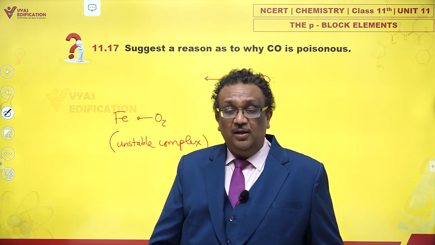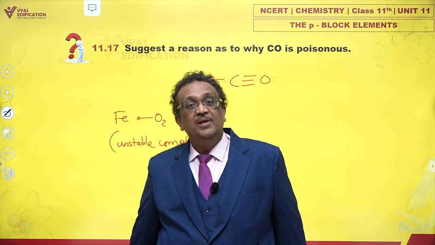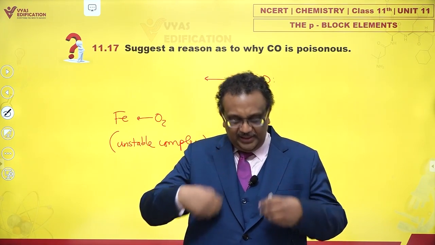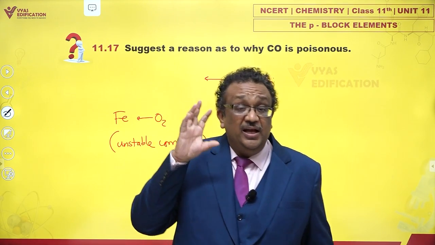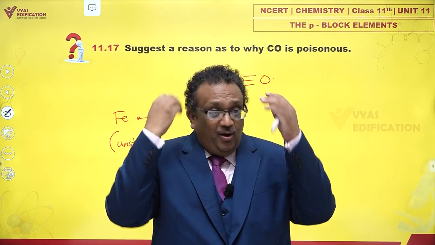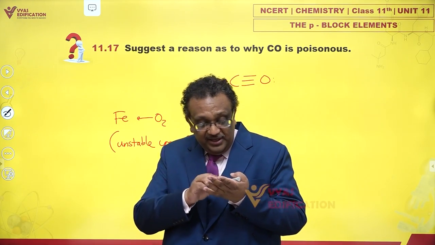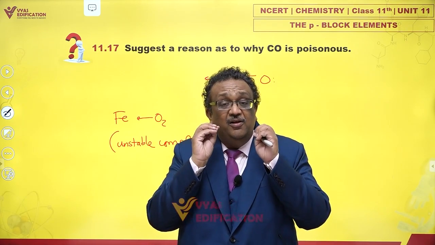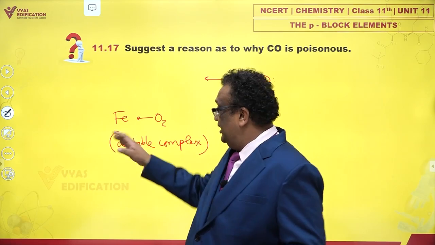Oh, that's a bad thing? No, it's a very good thing that the complex is unstable. Why? That blood exits the lungs and is pumped to every corner of the body. And as this blood reaches different cells, because this complex is unstable, it decomposes.